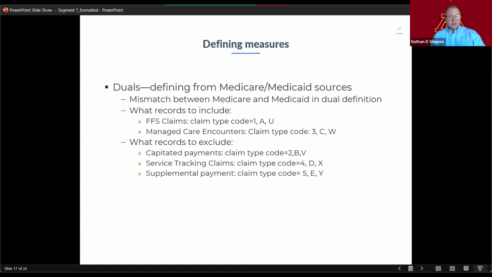We've got capitated payments, and then there are service tracking claims and supplemental payments that we wanted to exclude because we wanted to make a clean comparison between Medicaid and Medicare. There are a lot of choices there. These are just some that we listed. So again, this is not us giving you a list saying this is the list of things you should use or exclude. This is showing how we got to the estimates that we're going to show.